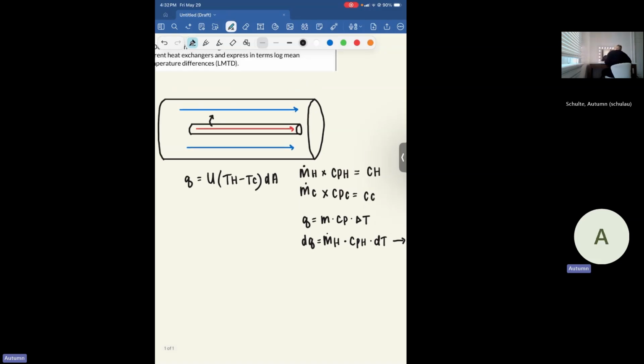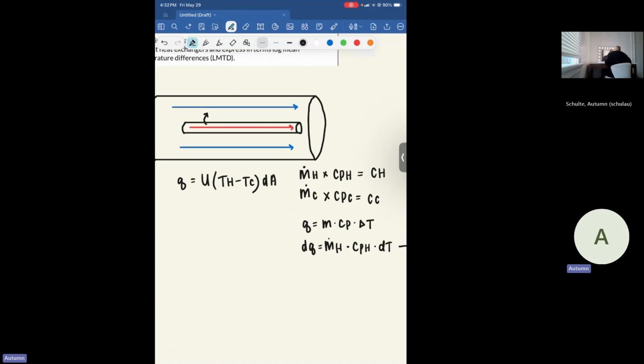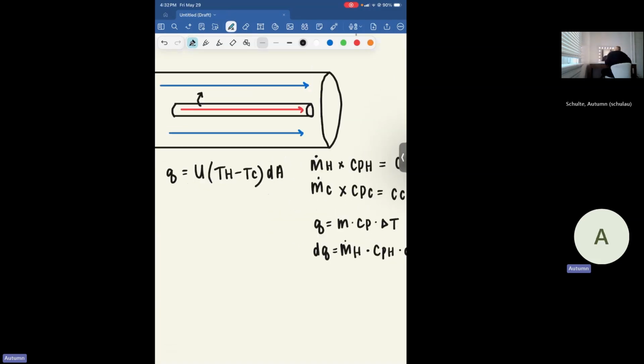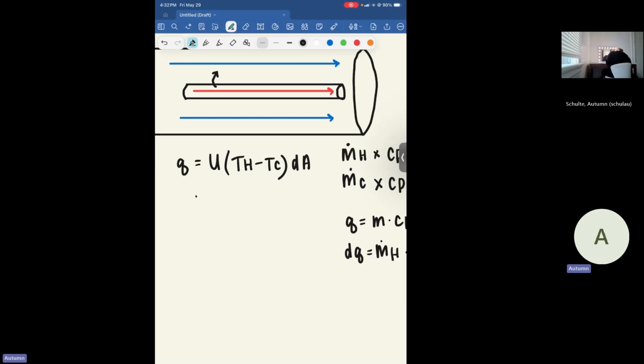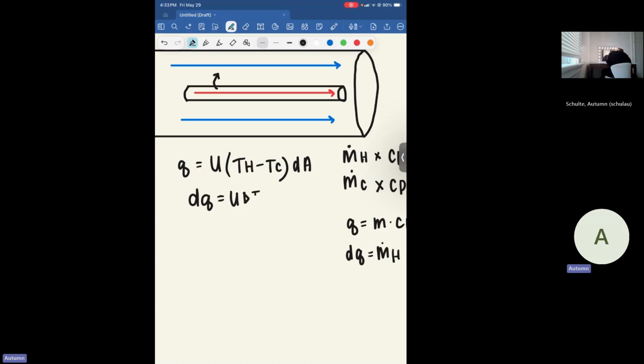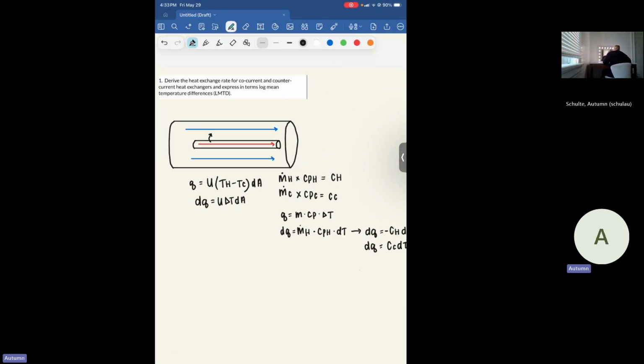And so we can make this over here into that same Q equals mCΔT equation. So this is going to be the derivative of our heat flow is equal to our overall heat transfer coefficient multiplied by our change in temperature, and then still multiplied by that derivative of our area, the cross-sectional area over which heat transfer is occurring.